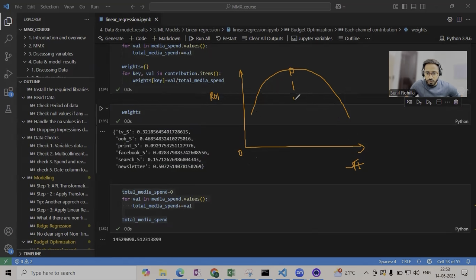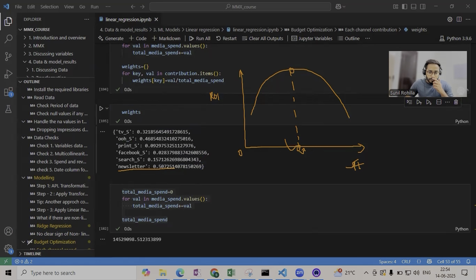So what we'll do is, we know that we should spend more on newsletter, so I'll bring my investment up to this point. I'll not give any extra money after this point, right? So this is how we will optimize the budget for each of the channels, right?